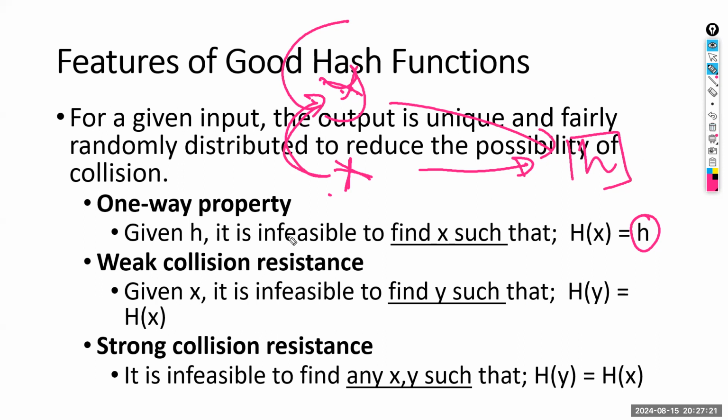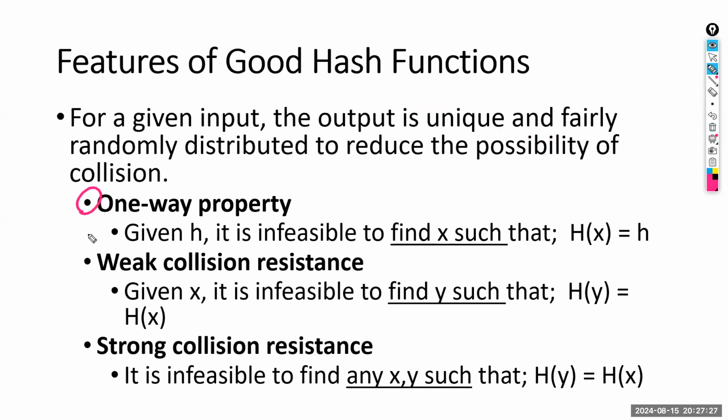The second property is weak collision resistance. Actually, these are sort of the same thing from different points of view. So weak collision means, again, something like we have hash y, hash x. We know the hash of x, which is p.